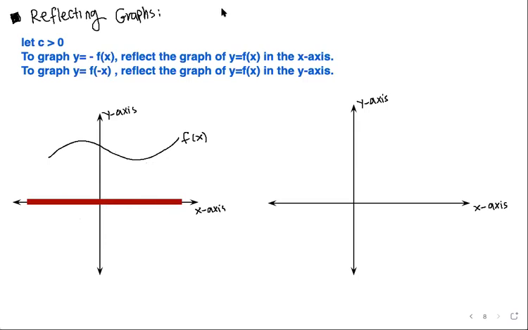So the new function around the x-axis will look like this: up, like that, down, going like that. So this is the function minus f of x. This is my mirror around the x-axis.